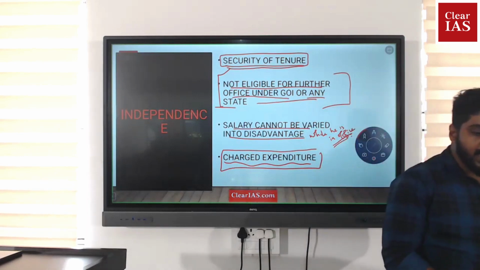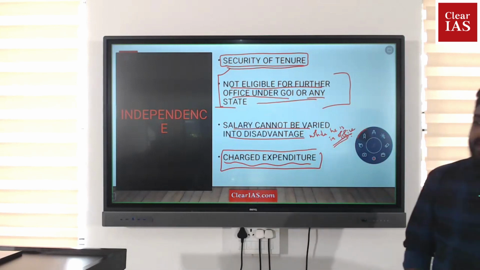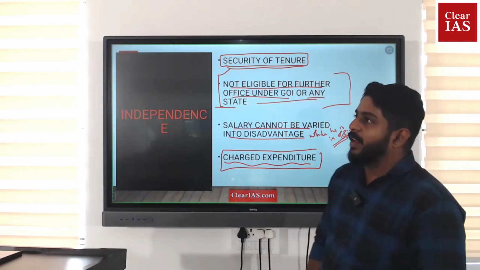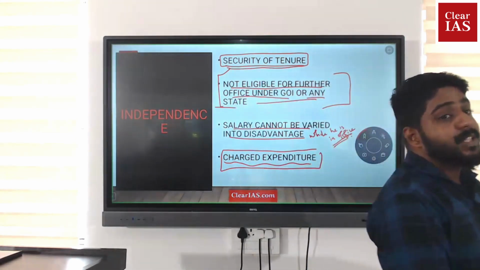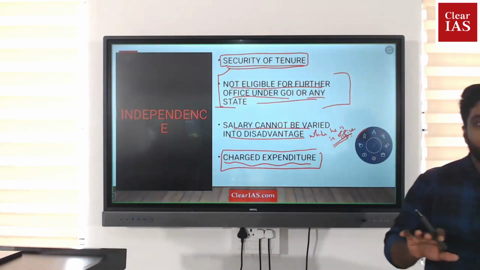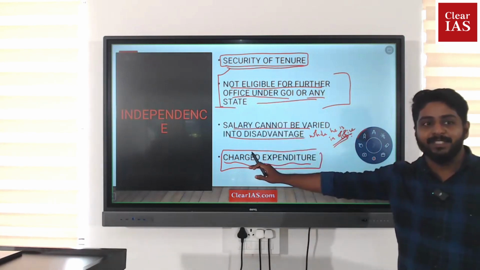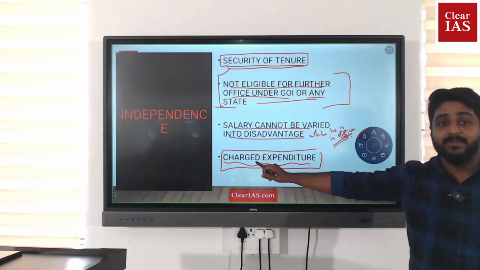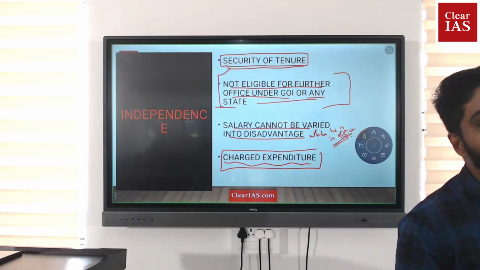In other words, the salary and the other expenses for the maintenance of the office of the Comptroller and Auditor General of India, even if the budget is not enacted, whatever is remaining in the Consolidated Fund of India, that should be paid to these particular offices. Why? Because we need an independent office.